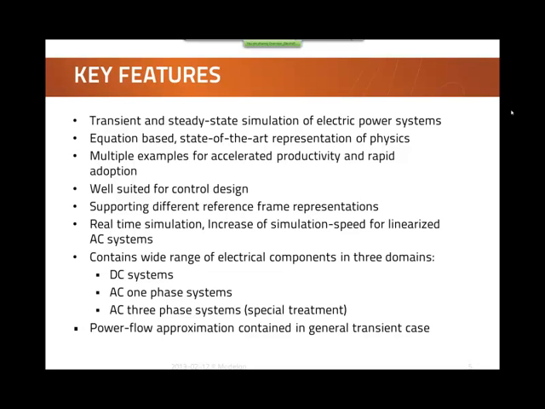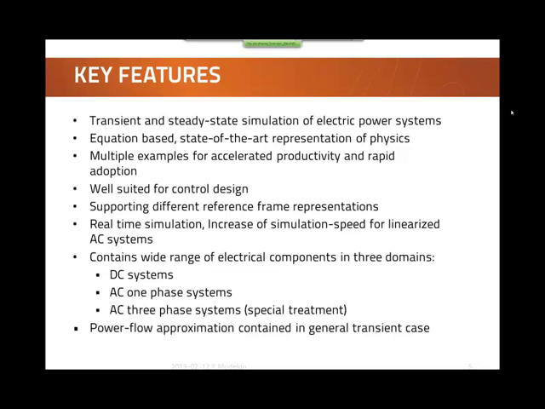For the three-phase systems, we have different frame representations, the ABC and the DQ and DQ0, and EPL is basically real-time capable, and you can also increase the simulation speed for the linearized AC systems.